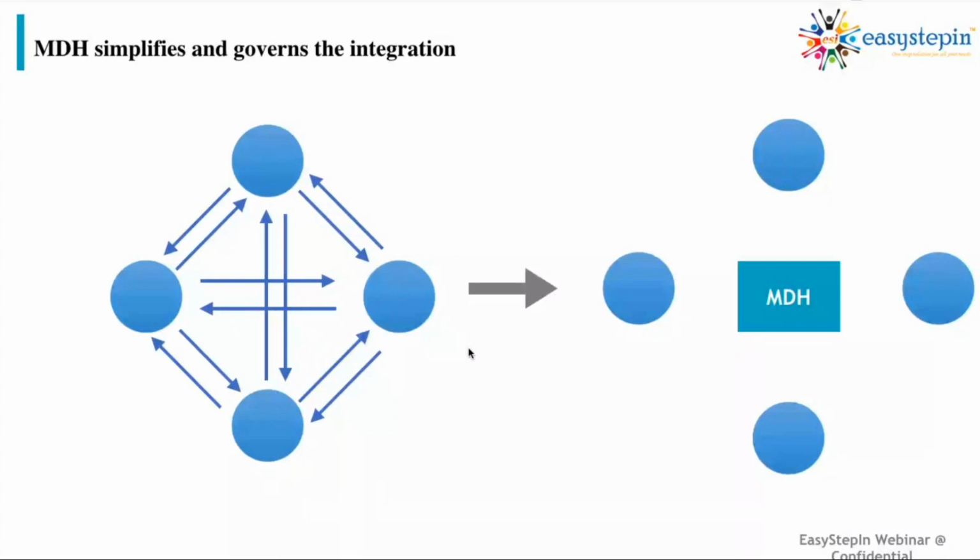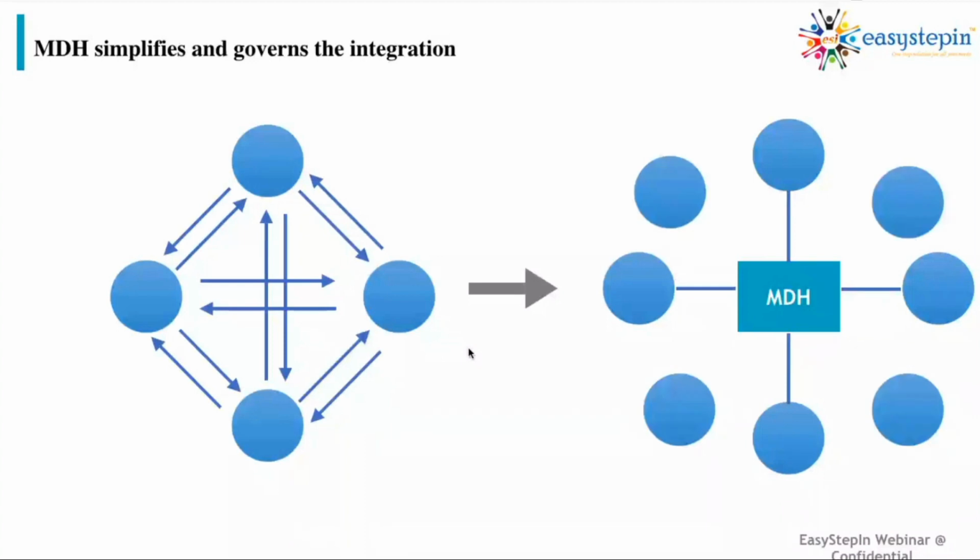So the hub takes all your disparate systems like this and connects them directly to the hub solution, and also handles the communication between all other systems in your organization. So that way, if you have new applications coming into your organization, it makes it very easy to plug that data into your hub solution without having to go back and revisit your existing system, right?